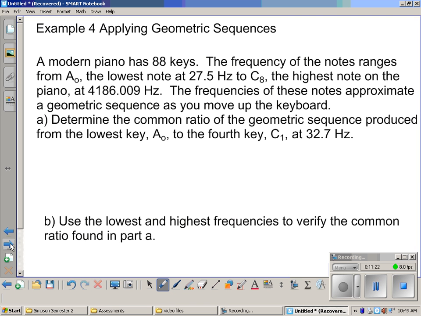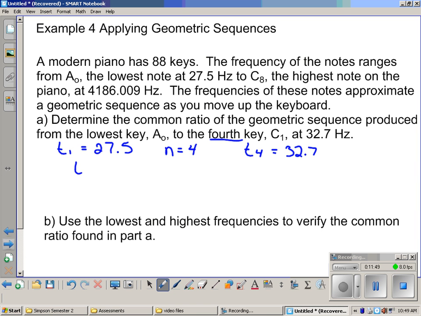So I know that the first term is 27.5 hertz. I know that between A0 and C1, so in those first 4, that n is going to be equal to 4. And I know that the fourth term is equal to 32.7.